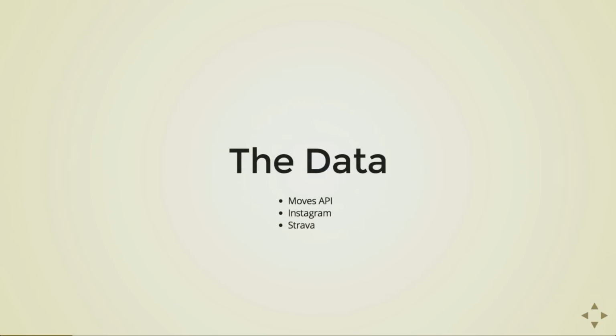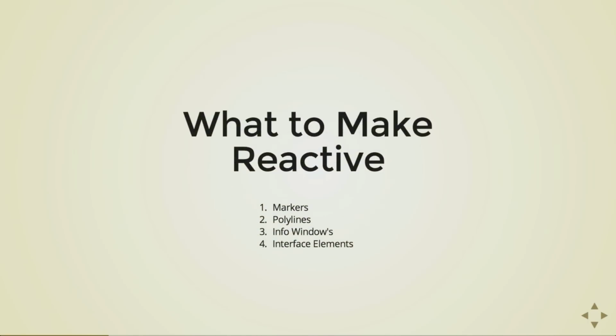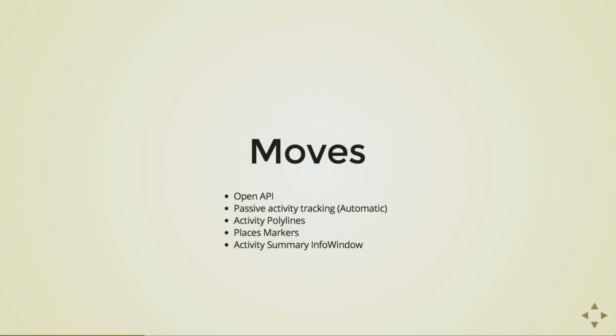The data that I've been working with a lot recently comes from the Moves API, Instagram, and Strava. The main question you want to ask is, what do we make reactive? We can make the markers, polylines, info windows, and interface elements. Moves is an open API.